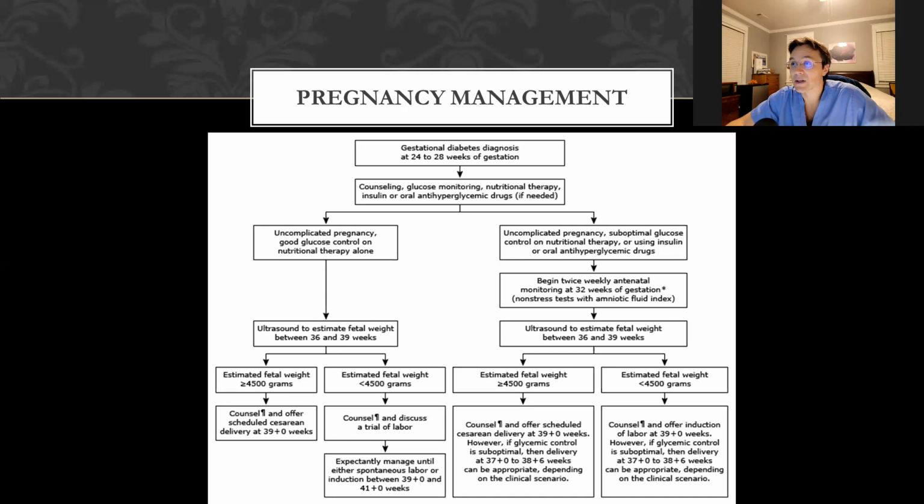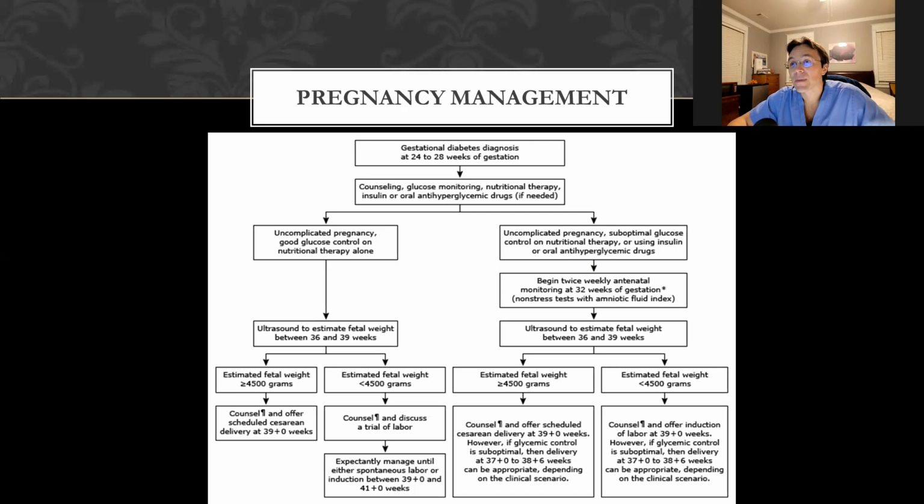You can consult a diabetologist and a nutritionist. It is important. You can start there. But if you can't control that with regular basic corrections, you have to bring some help of insulin and oral anti-hyperglycemics if needed.